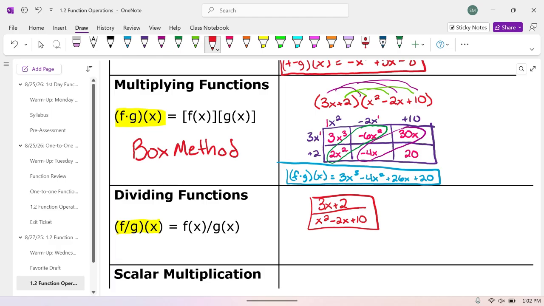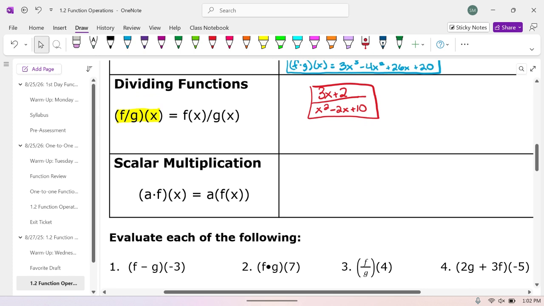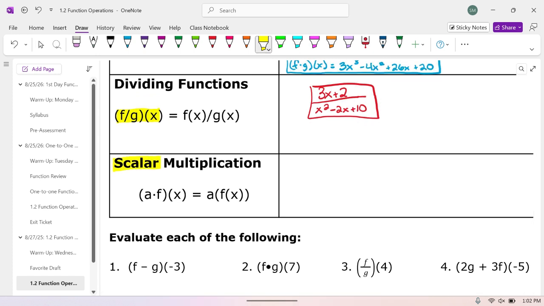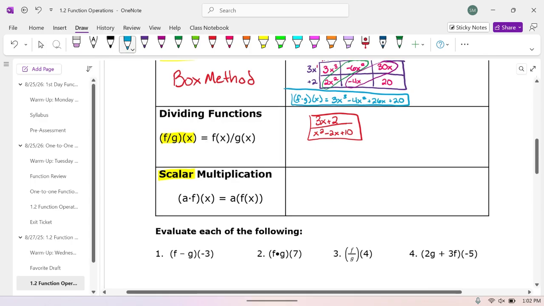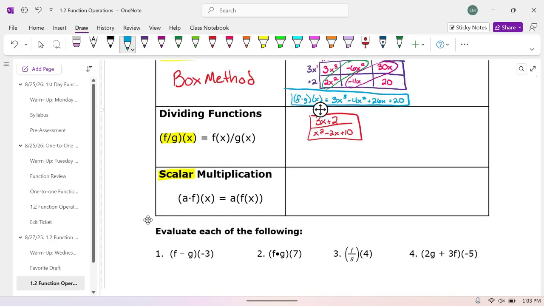Now, the last one that we're going to do is scalar multiplication. All right. So a scalar, all a scalar is, so that's some vocab for you right there, all a scalar is a number multiplied to an expression.